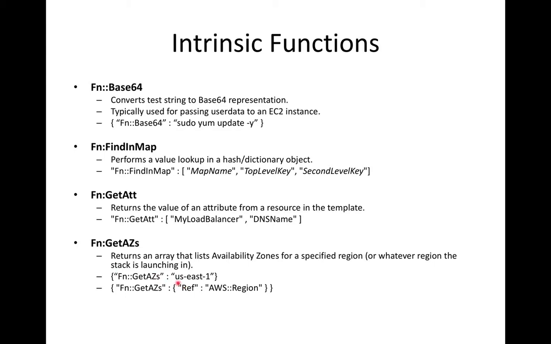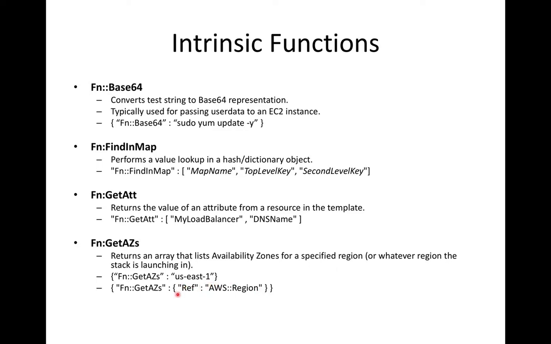Now, instead of just statically typing in US East 1, you can also use the Ref function to reference something called a pseudo parameter, which we'll learn about in a bit. This pseudo parameter, AWS::Region, will return the value of the region in which the template is currently being launched.